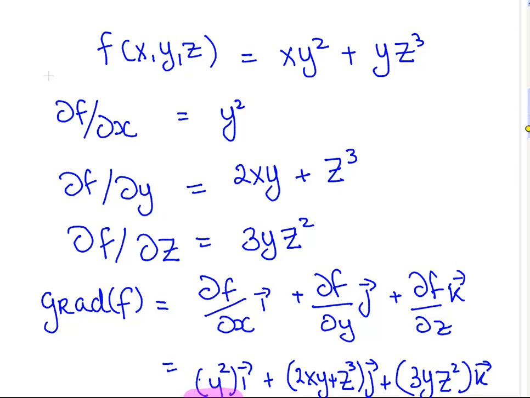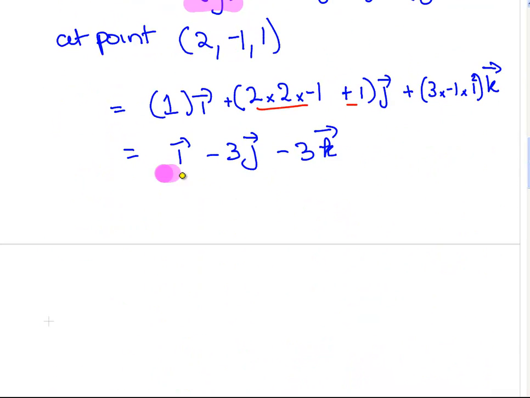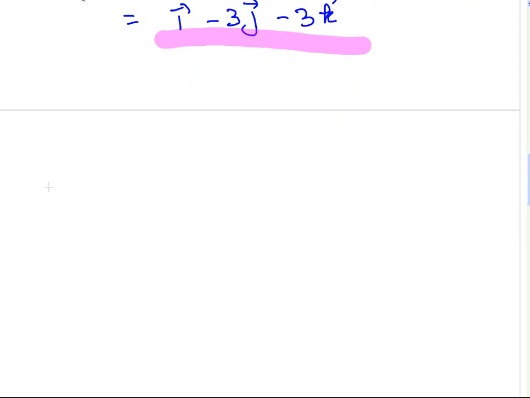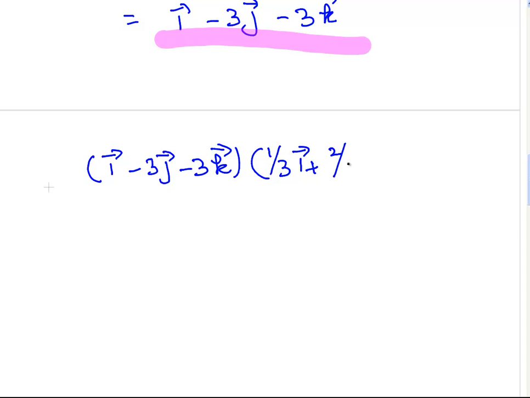Okay, so let's just write that out again: i minus 3j minus 3k, and 1/3 i plus 2/3 j plus 2/3 k.